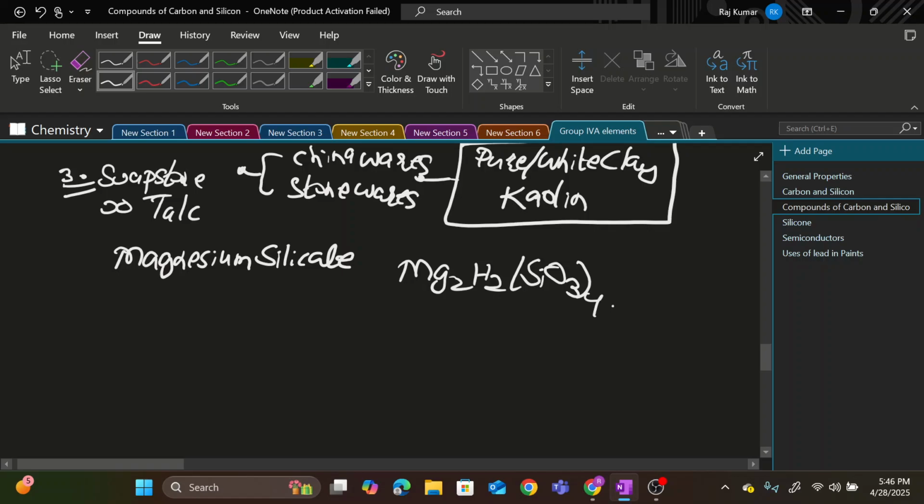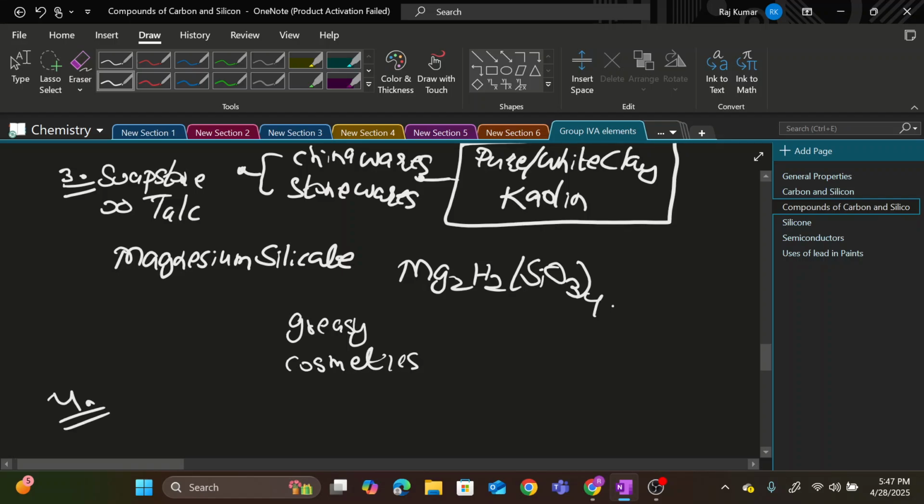It is magnesium silicate, and physically it is greasy, and is used for making cosmetics.